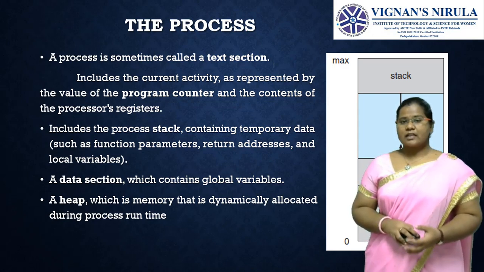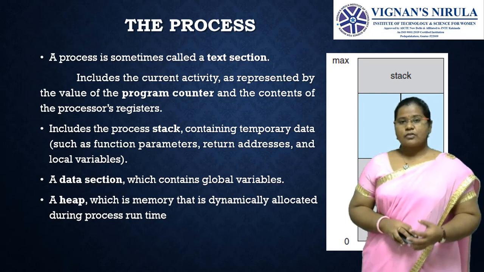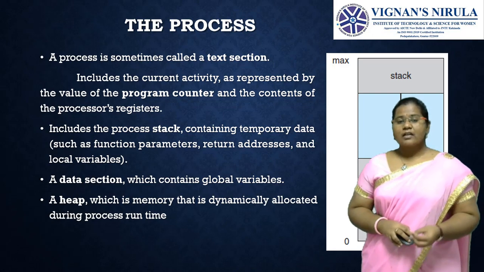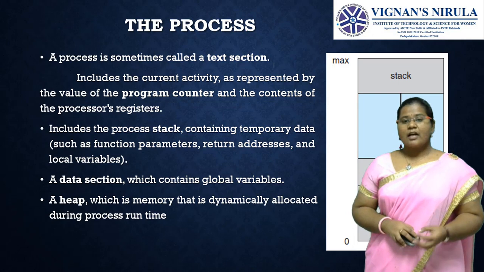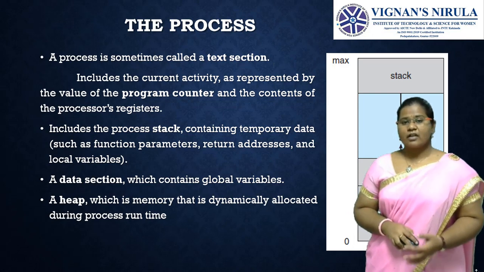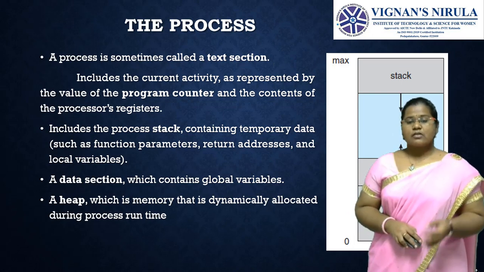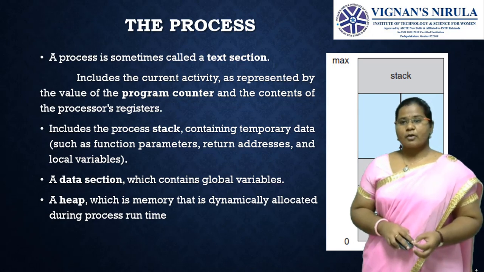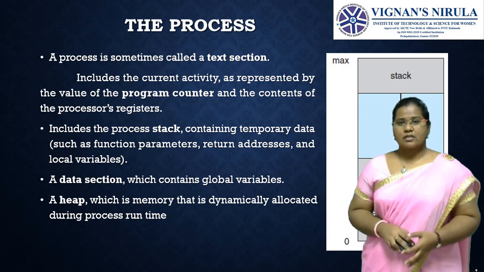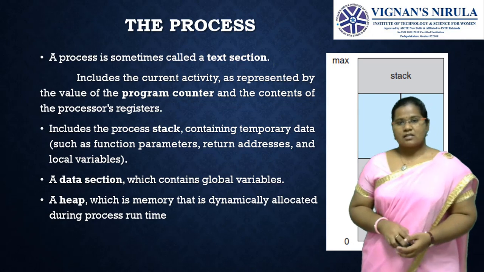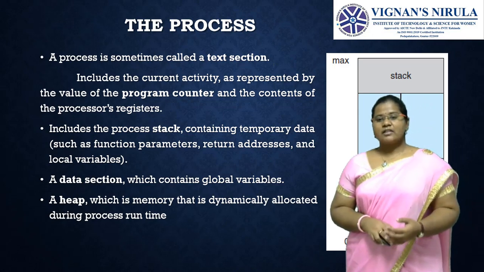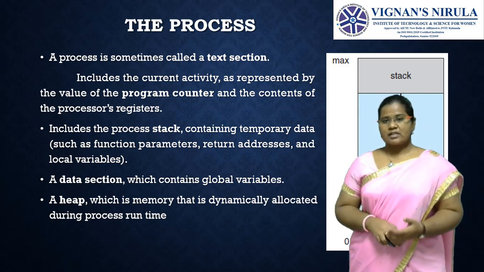The current activity includes the program counter, which stores the memory address of the next instruction, and it also includes the contents of the CPU registers. The values that your process needs to store in order to execute are stored in the CPU registers. And then we have the stack area. On the top you can see the stack area.